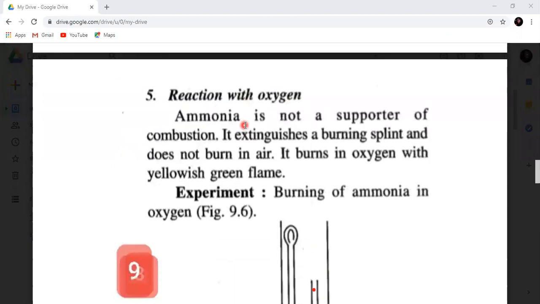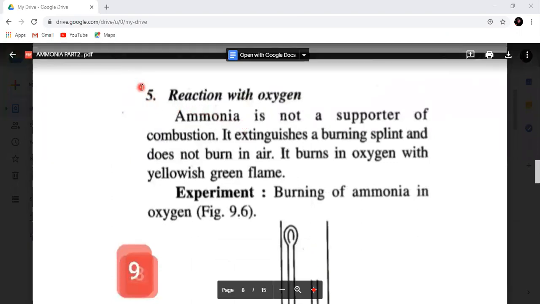Next, we are proceeding to the next chemical reaction, that is reaction with oxygen. Oxygen is responsible for oxidation, and that oxidation or combustion is done with oxygen. Here, ammonia is a non-supporter of combustion.